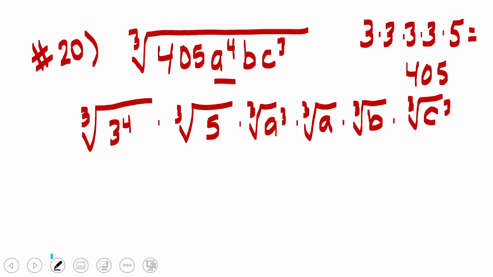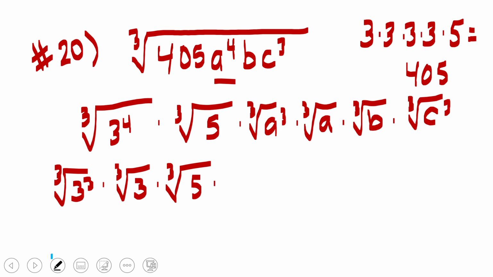Breaking this down further, we can take the cube root of 3 to the third power times the cube root of 3 to the first power times the cube root of 5 times everything else that we just factored to break the front part up.